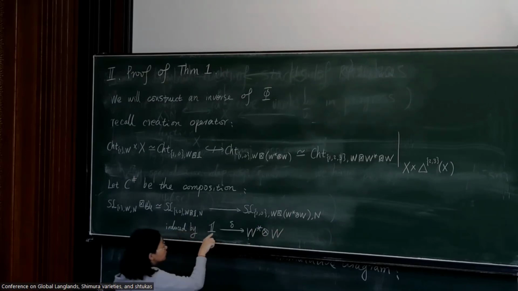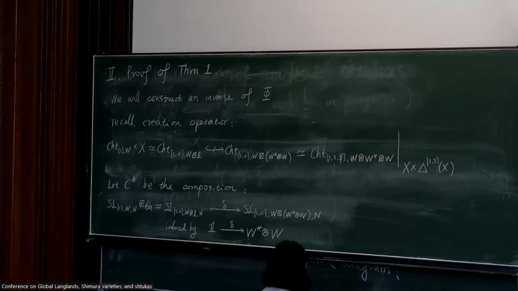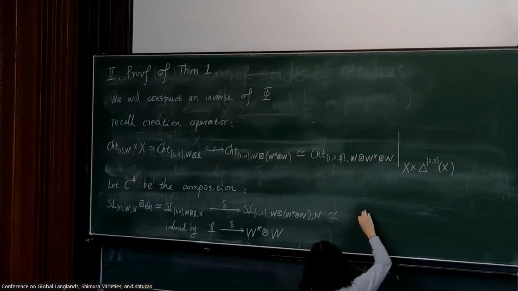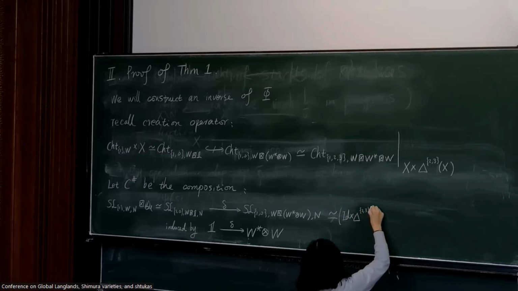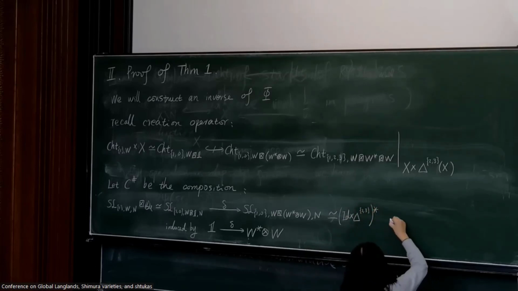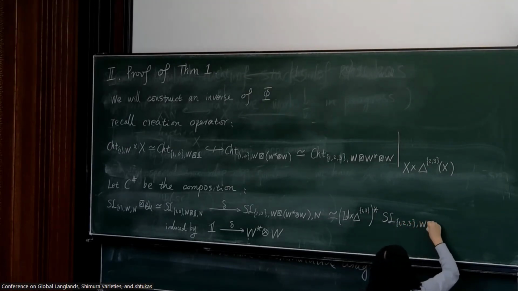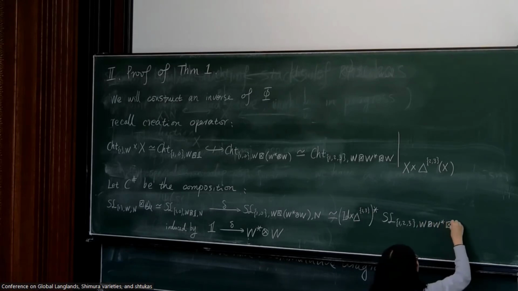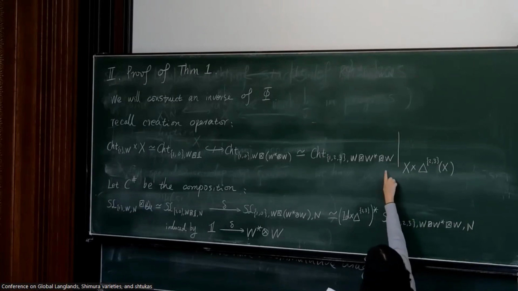And this is by fusion isomorphic to a sheaf with 3 legs restricted to the diagonal. So this sheaf is on this, restricted to this partial diagonal.